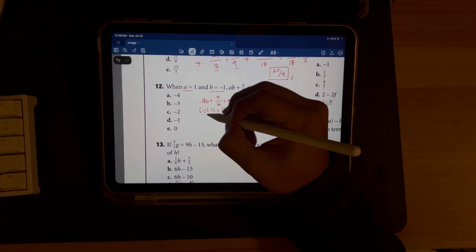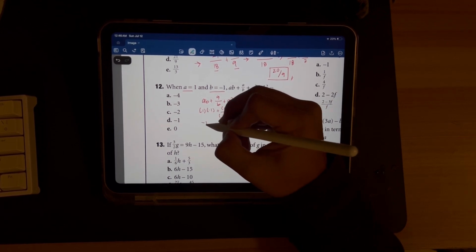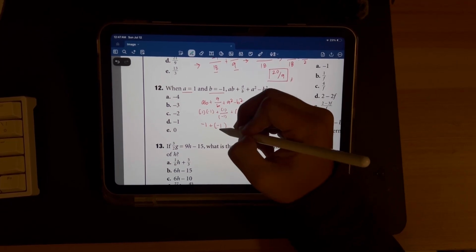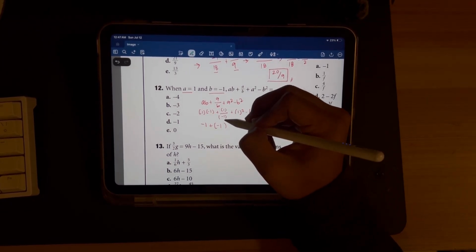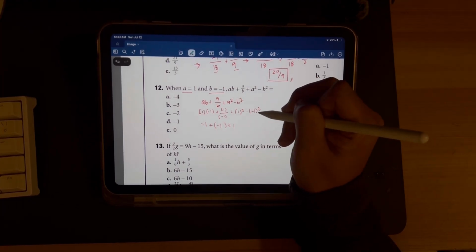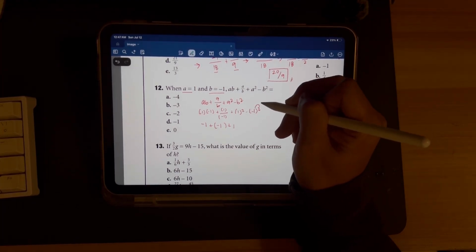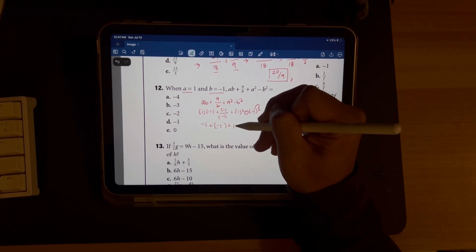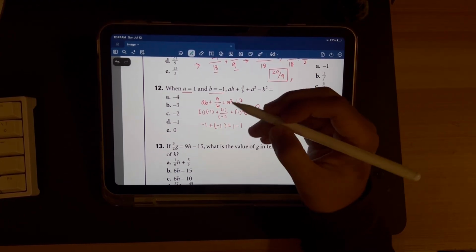Simplifying further, we are going to multiply these values. This will become negative 1 plus negative 1. Now why negative 1? Because 1 divided by negative 1 is just negative 1, plus positive 1. Now negative 1 squared, that will become positive 1. But we have another negative here, so that will become minus 1.